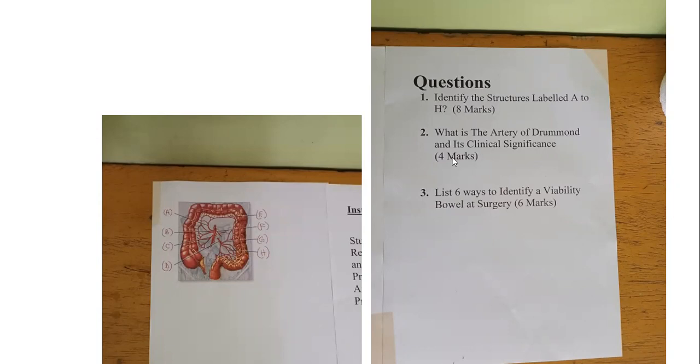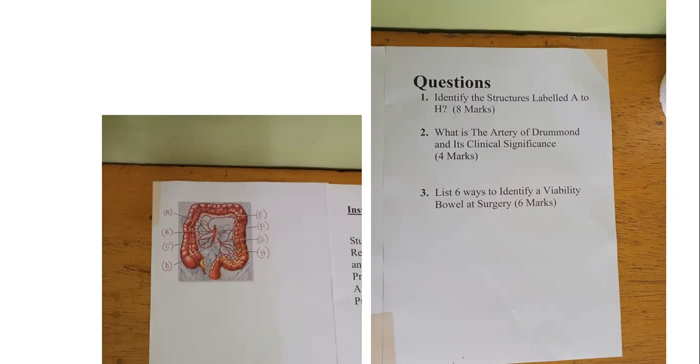Now, the marginal artery of Drummond is an end artery. What's an end artery? An end artery is one which supplies a part of a tissue that does not have collateral supply.